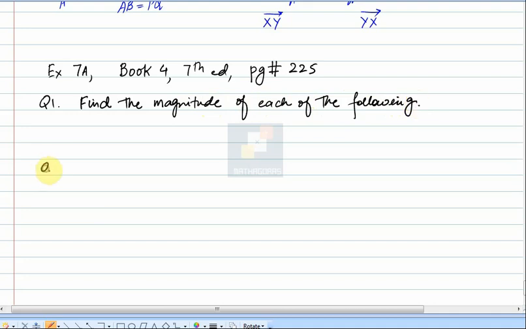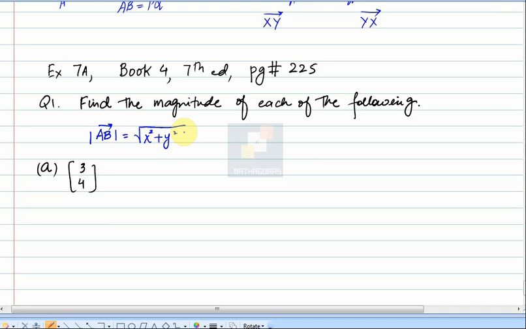So first part, it's 3 and 4. Before starting the question, let me tell you the working formula. To find out the magnitude of any vector, the working formula is under root x square plus y square.